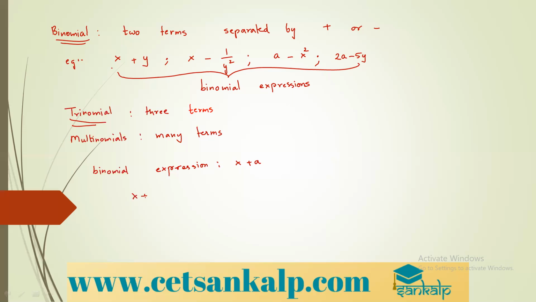If I take x plus a whole power n, this n I will take as positive integer and it is called index or power or exponent. N is any positive integer. And you can call the power is n, index is n, or exponent is n.